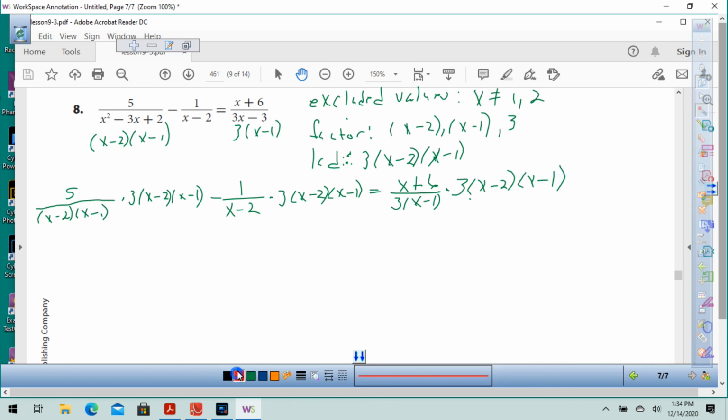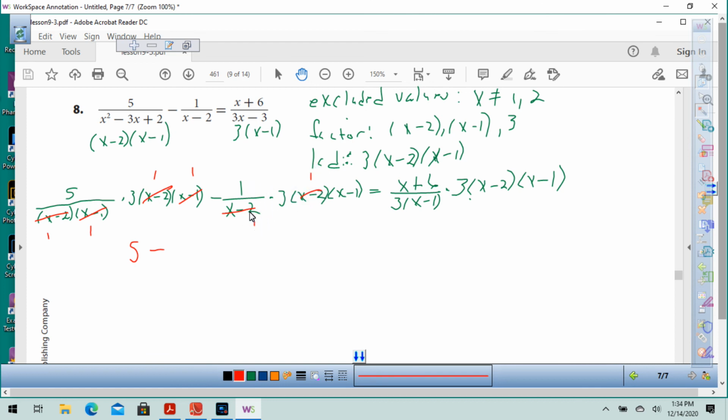All right, what can we eliminate? The x minus 2's cancel out. x minus 1, 5 times 1 is 5. Minus, here we got x minus 2 and x minus 2, those cancel out.